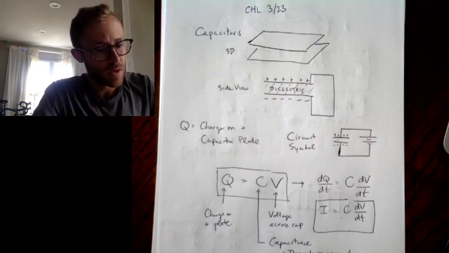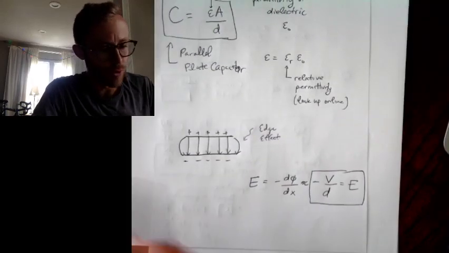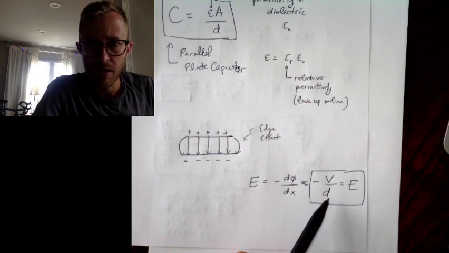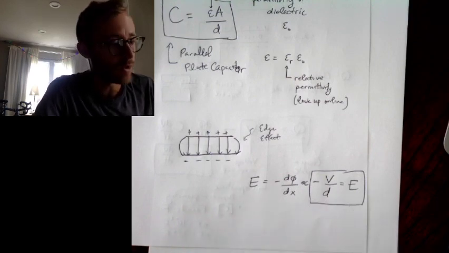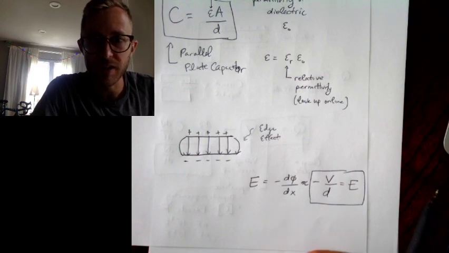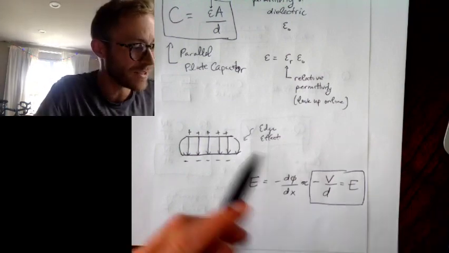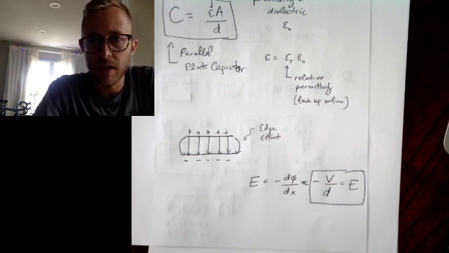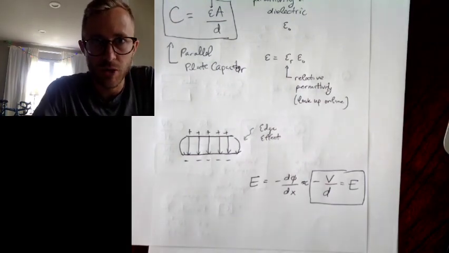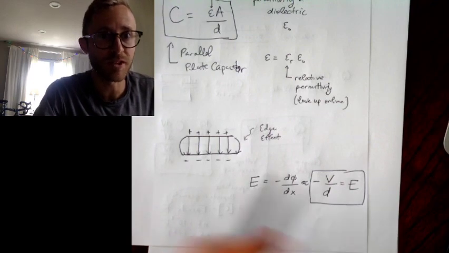If the distance between the capacitor plates is super duper small, then the electric field is going to be so huge between the capacitor plates that it's actually going to ionize the material between the capacitor plates. And when you ionize the material, it becomes conductive.